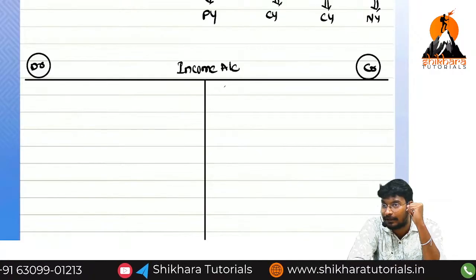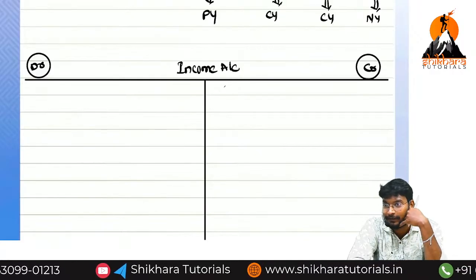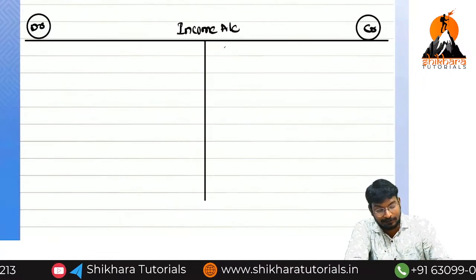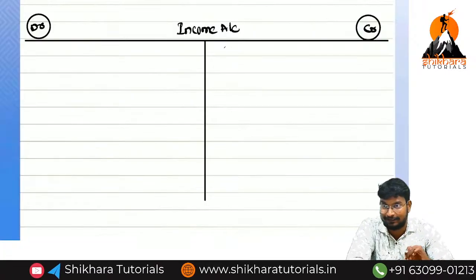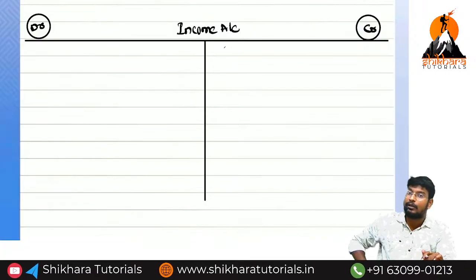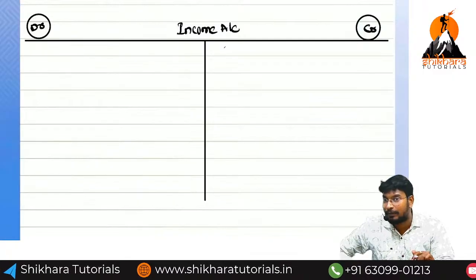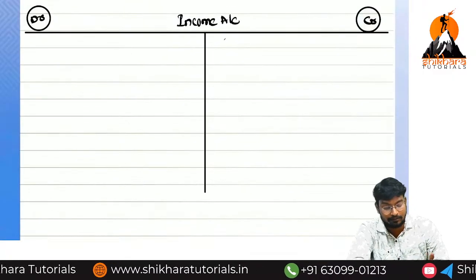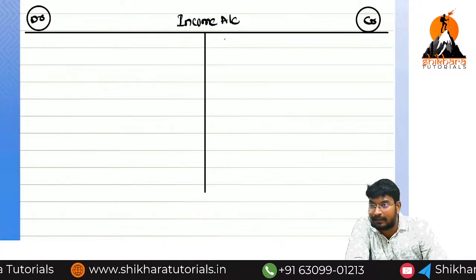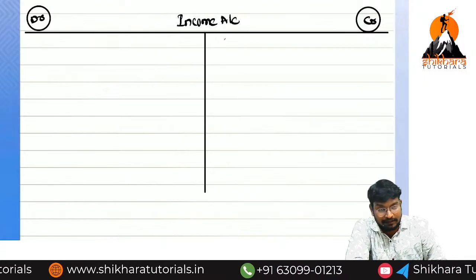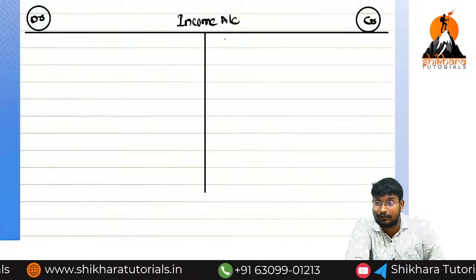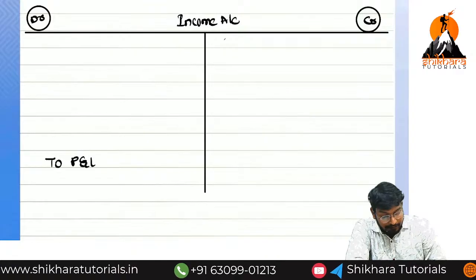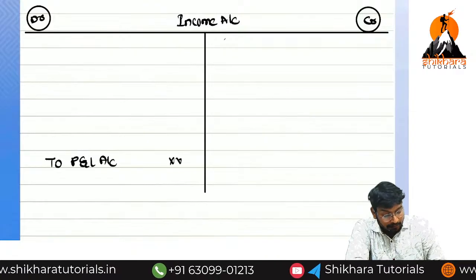To balance carried on won't be. Why? Because this is a nominal account. We are not going to have the opening balance. Only the closing balance will be transferred to which account? P&L account. So which balance is this one? Credit balance. Opening balance will be on which side? Credit side. And closing balance will be on which side? Debit side. So in the place of this one, what we need to write? To P&L account. Okay, completed.